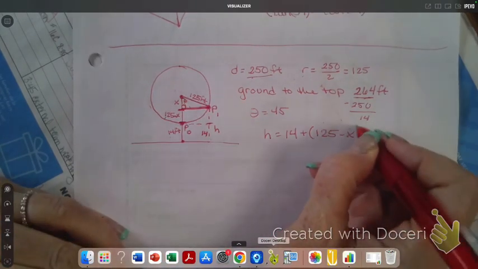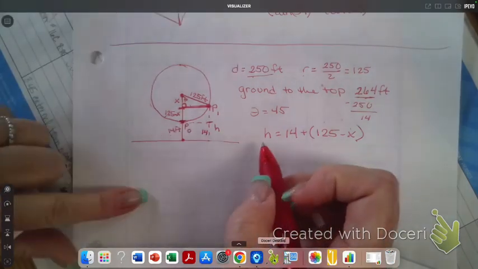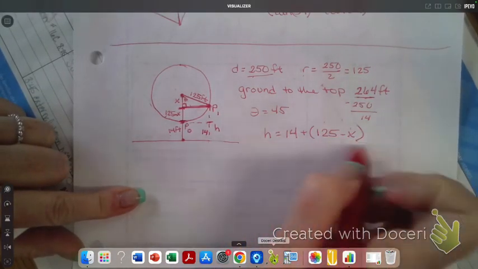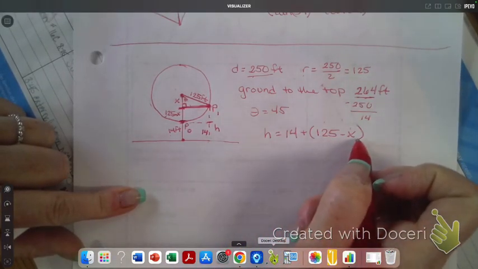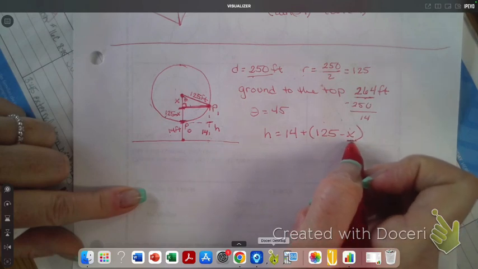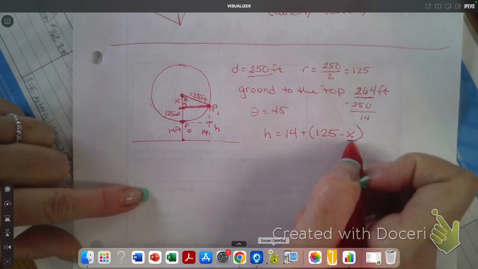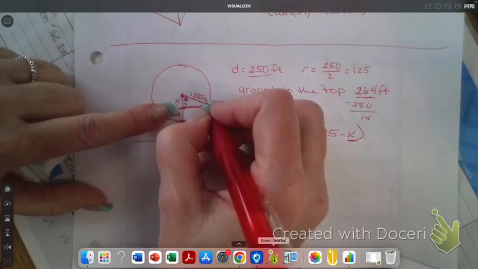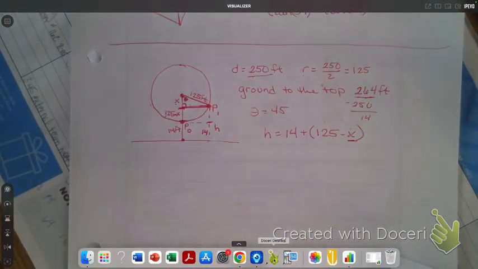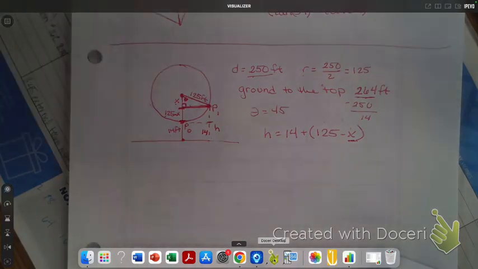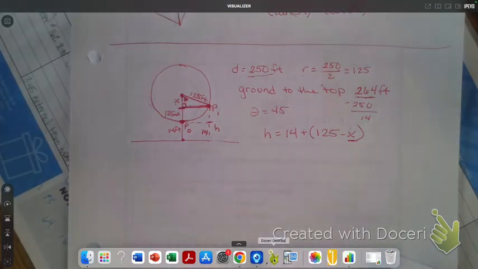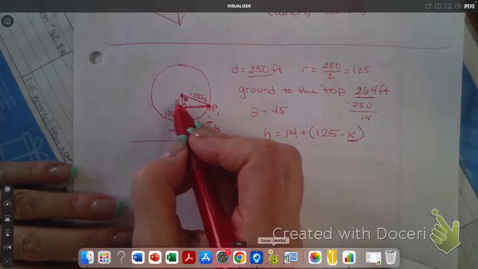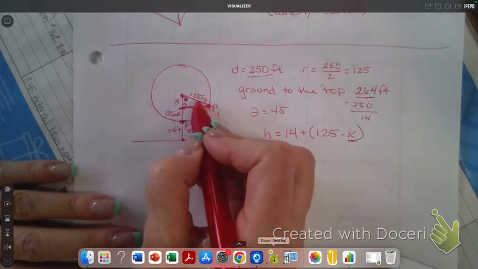So when I do these problems, I do all this work. I'm like, okay, this is what I have to do. So I have to find what to make this work? X. Can I find x? Yeah. So I have theta, I want x, and I have the hypotenuse. So what function is that? Cosine, because I have adjacent, I want adjacent, and I have the hypotenuse.